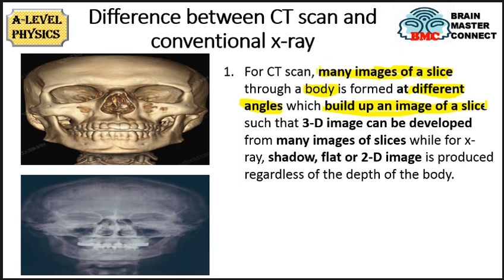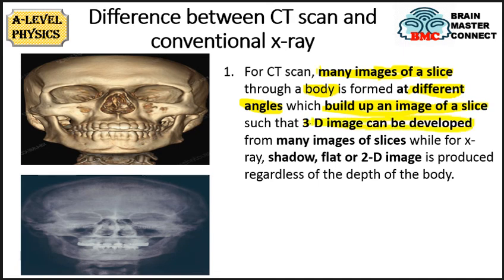Now, if we are considering many sections of such a body, then what we need to do is to combine the image already formed from each section together to give us a 3D image.